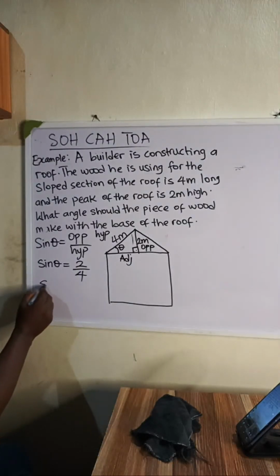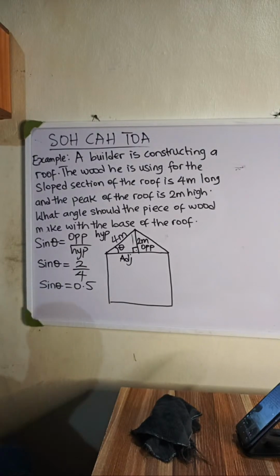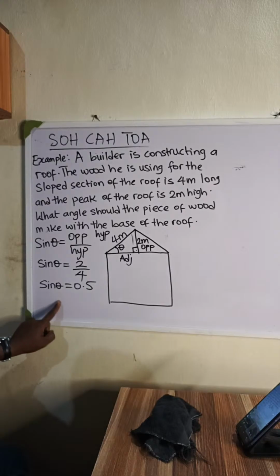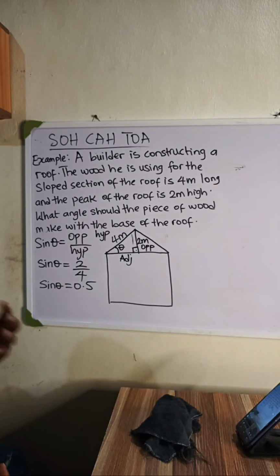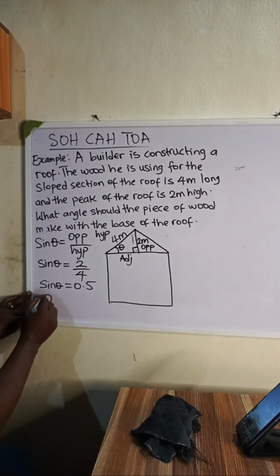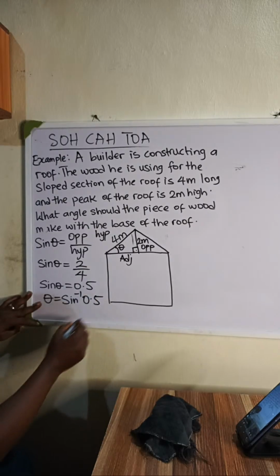So sine theta is equal to 0.5. For us to find theta, we need to move sine to the other side of the equation, which makes it sine inverse. So theta is equal to sine inverse of 0.5.